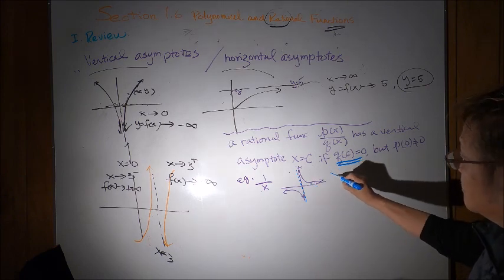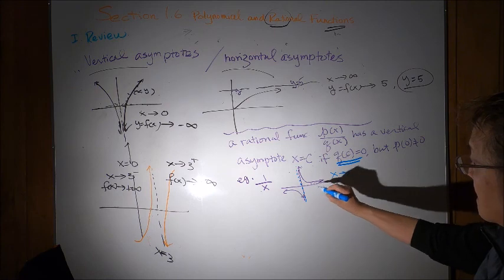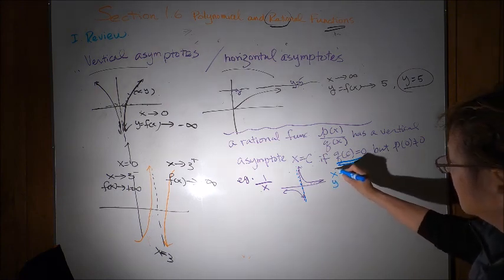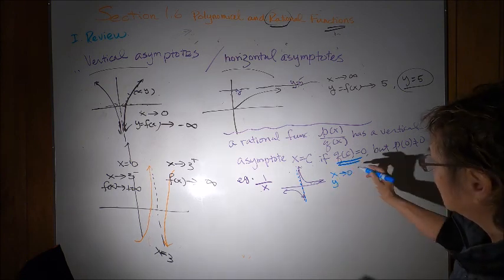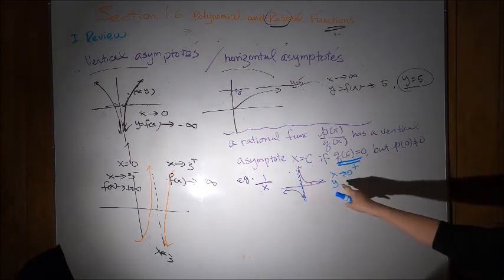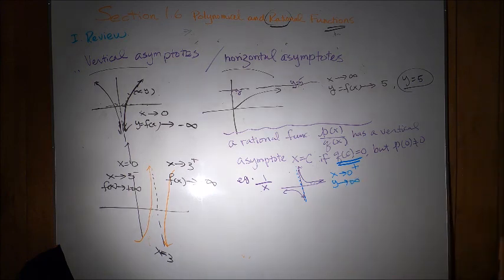When x approaches 0, what's your y? Your y, when you approach from the right-hand side, okay? So approaching 0, what's the y? Y approaches infinity. So this is a very abstract concept, okay?